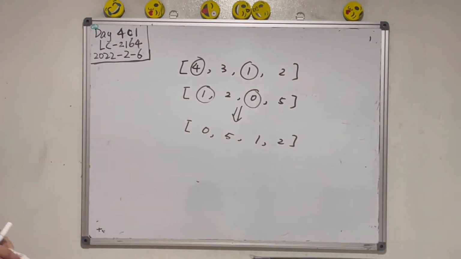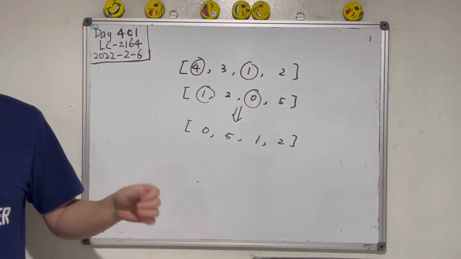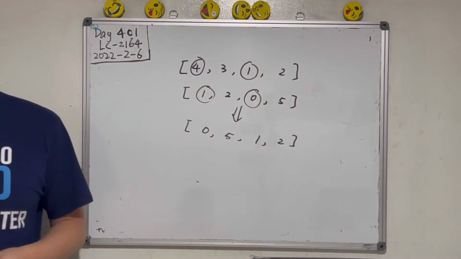Then we can sort those two arrays separately, and then merge them. That's one approach.